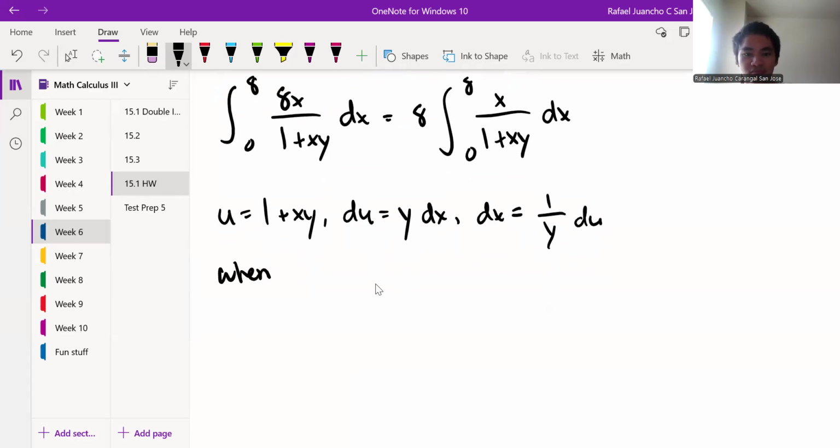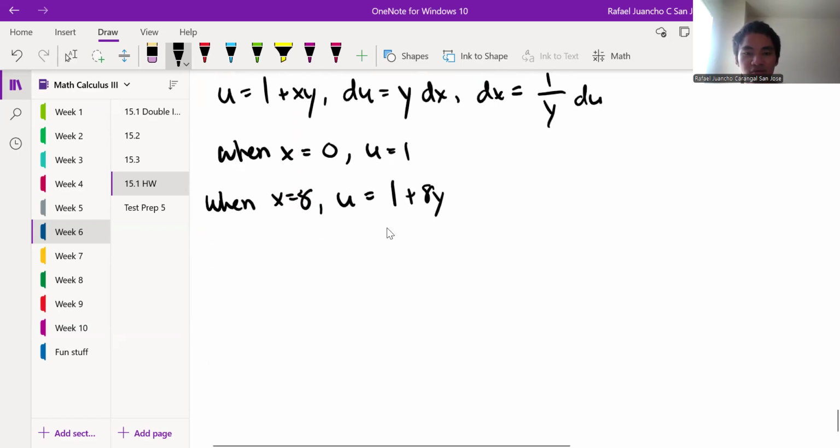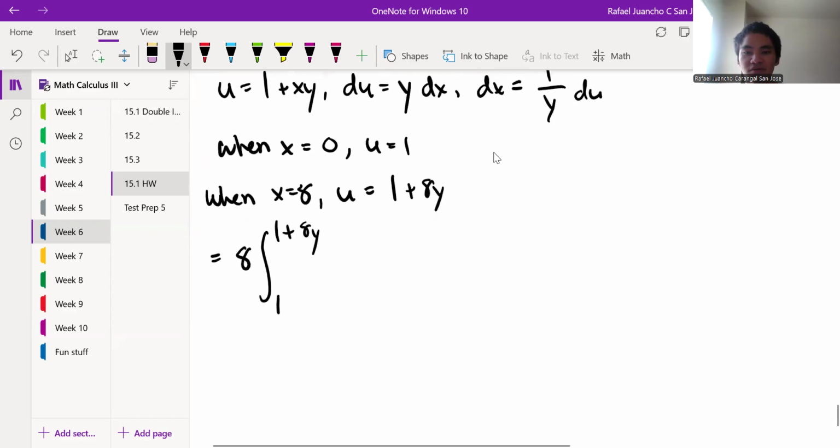And then when my x is 0, my u is just 1. When my x is 8, my u would be 1 plus 8y, right? Here I get x over u. And then this is 1 over y du.